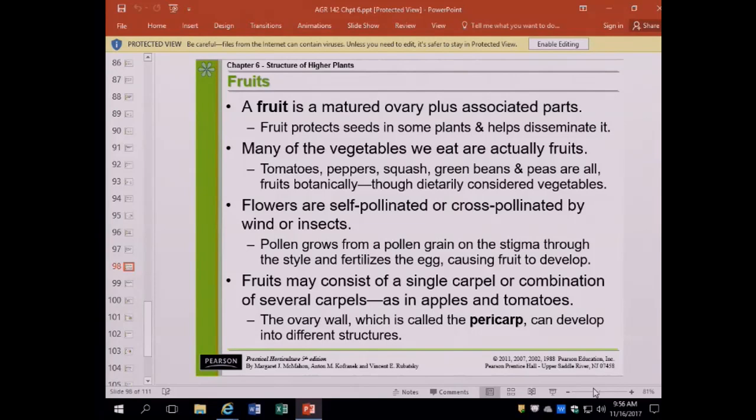And the structure around the carpel is what we call the pericarp. And that's the portion that generally we consume. We don't eat the seeds of an apple, but we eat the pericarp that is around it.